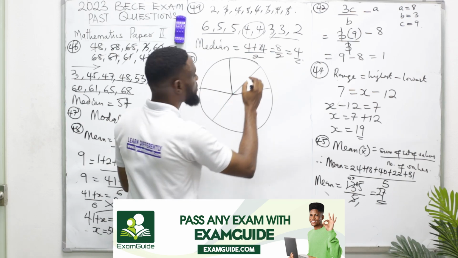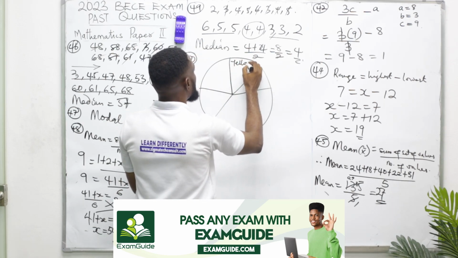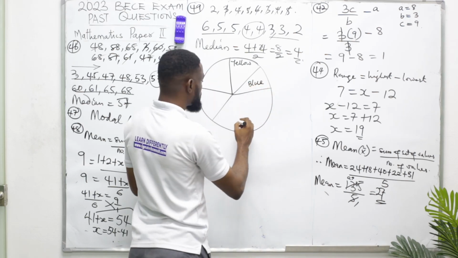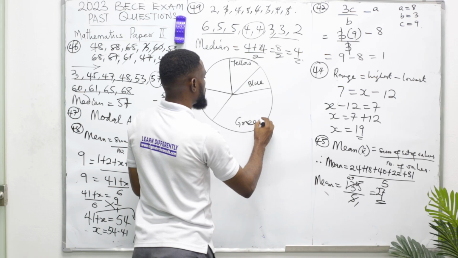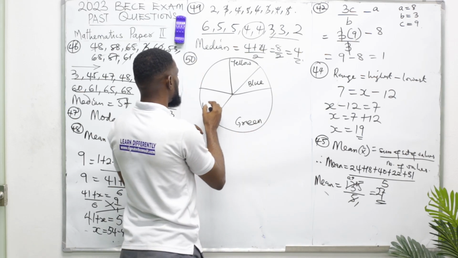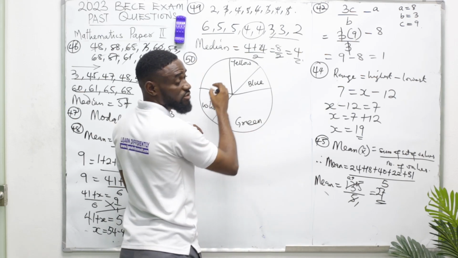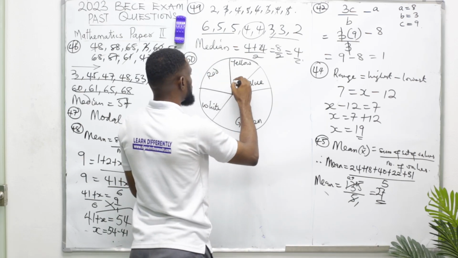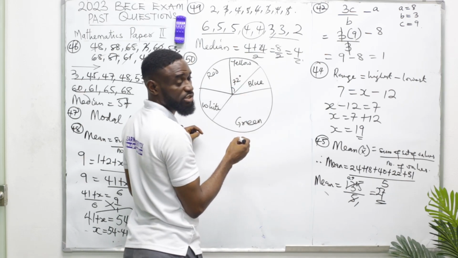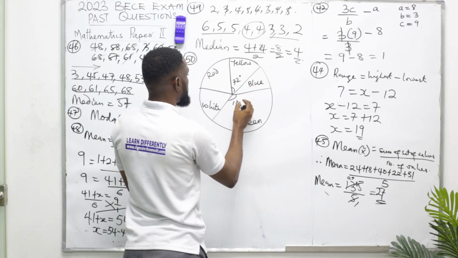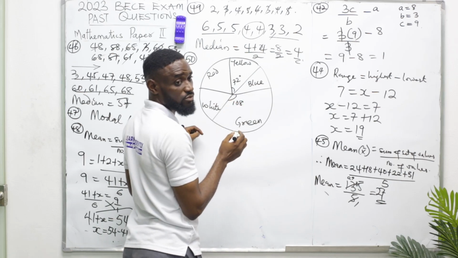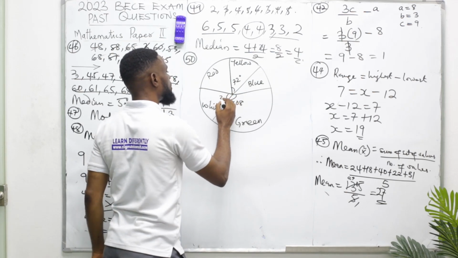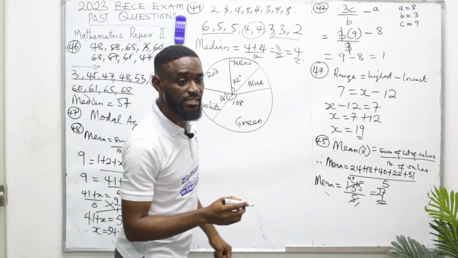So this is yellow, this is blue, this is green, this is white, and this is red. So yellow is 72 degrees. Blue was not given any angle. So this is 108 degrees, right? And this is 36 degrees. Then red is 84 degrees.